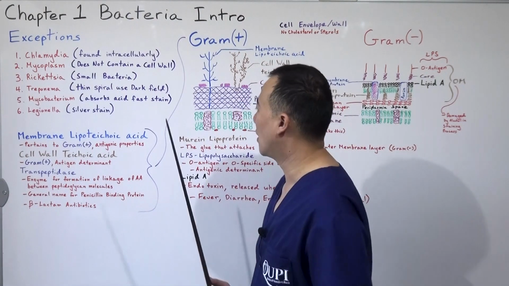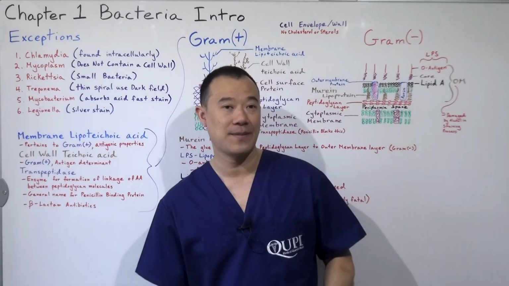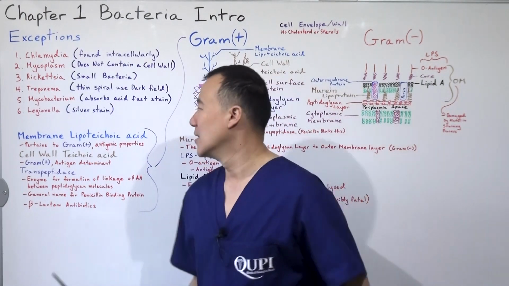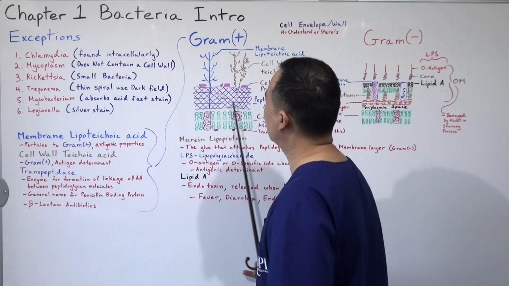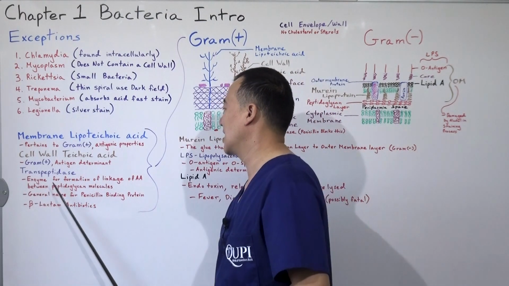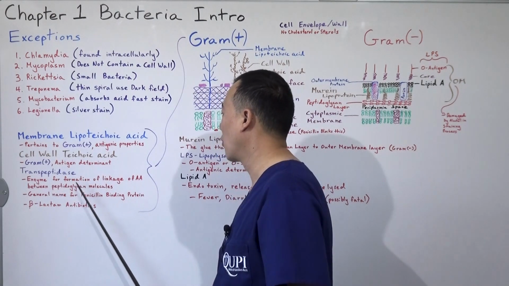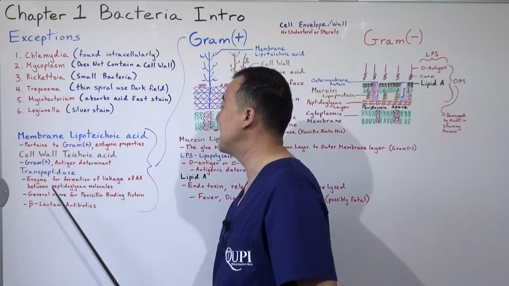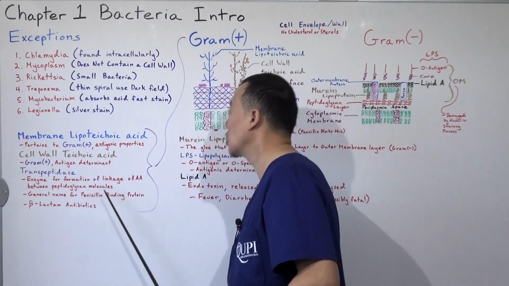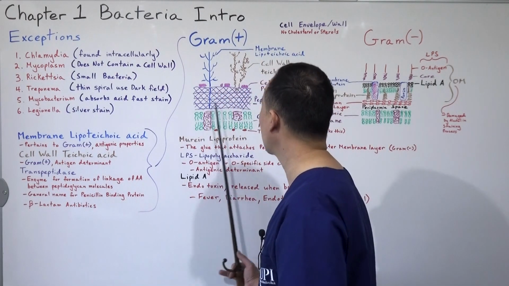I believe there are transpeptidases on gram-negative bacteria, but they aren't useful because transpeptidase is used to build a peptidoglycan layer. Let's talk about it. These enzymes are for the formation of linkage of amino acids between peptidoglycan molecules. So they help form this layer.